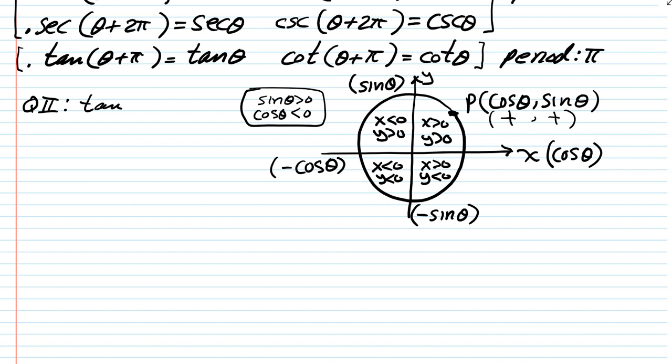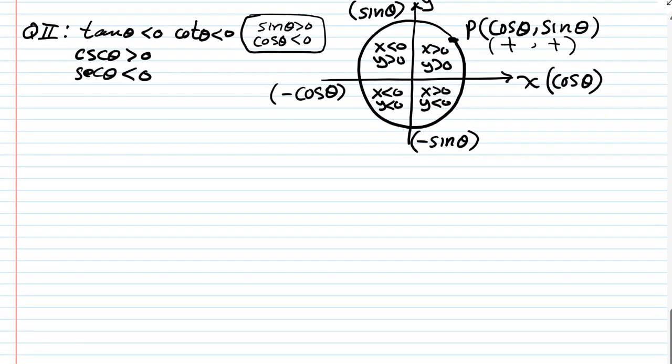In Q2, tangent of theta is going to be negative because x is negative, y positive, and tangent is the ratio y to x. Cosecant, the reciprocal of sine, is going to be positive because sine is positive. Secant, the reciprocal of cosine, is going to be negative because cosine is negative. You see that? Cotangent, the reciprocal of tangent, will be negative because tan is negative. And so on and so forth. Likewise, you can do this for the third and fourth quadrants.